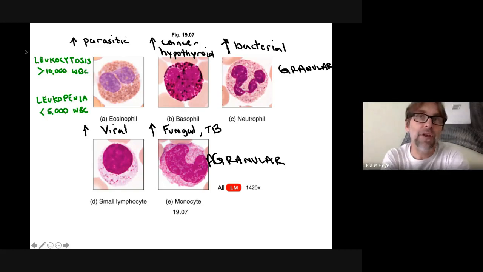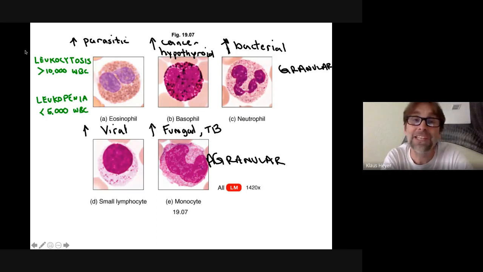So what you can do is get a culture and send it off to lab and they can tell you, but the labs aren't super fast at hospitals. They'll do it though. And now they've got tests that will do it pretty quick. It's really kind of a new era, right?